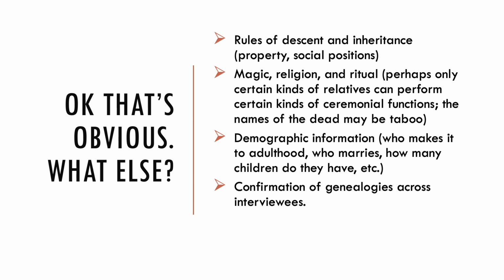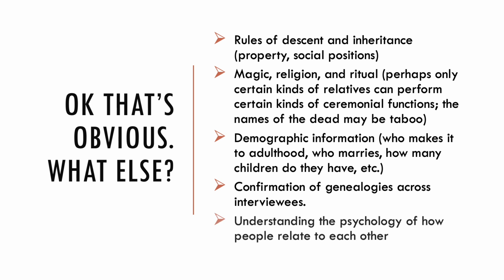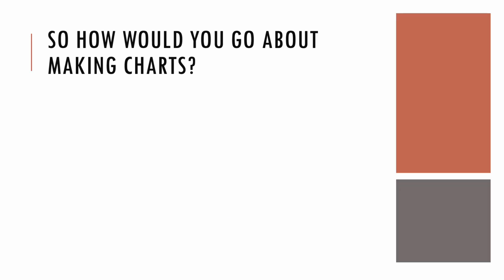Maybe some relatives are more important to one interviewee than another. And so you can really get the whole picture by interviewing multiple people from the same family. And then, of course, you can also understand the psychology of how people relate to each other. How does the kin terminology actually sort of play out in how people understand their relationships with the people on the chart? Okay, so assuming that I've convinced you that charts are useful, how would you go about making them?